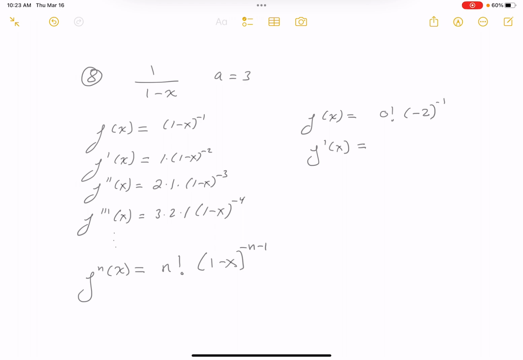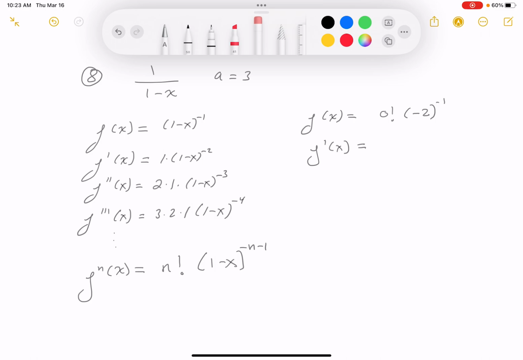oops, I made a mistake. I just realized it. And it's good to look at what you're writing down. And I gotta erase this over here. And this is at 3. Sorry about that. This looks like 1 factorial times minus 2 to the minus 2. F double prime at 3 is going to be, let's see, 2 factorial times minus 2 to the minus 3.